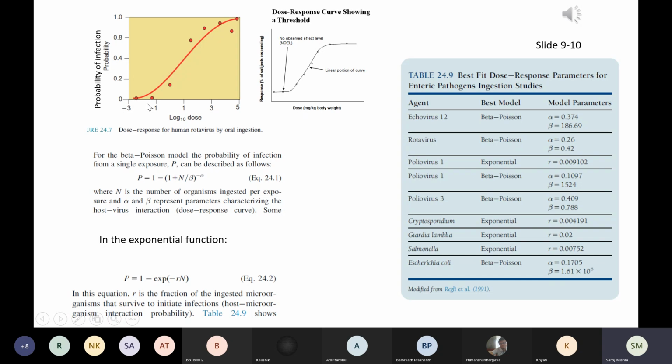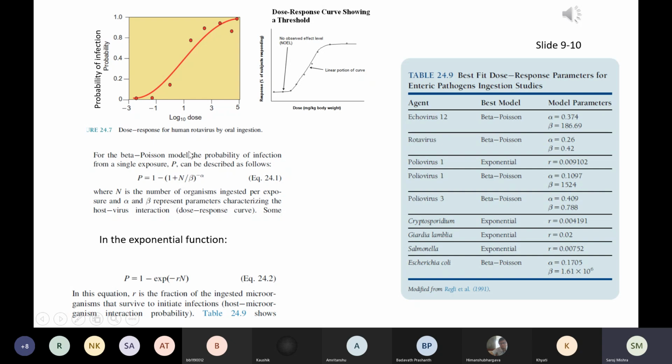When you examine this, it follows a Poisson distribution. Just like a normal distribution or an exponential curve, the dose response curve for this particular case study follows a typical Poisson distribution with constants defined as alpha and beta.